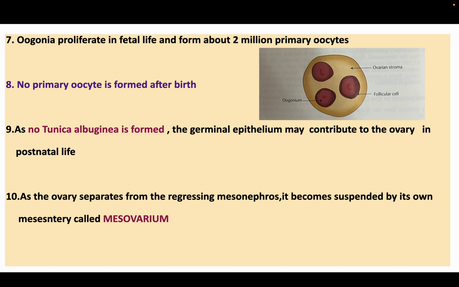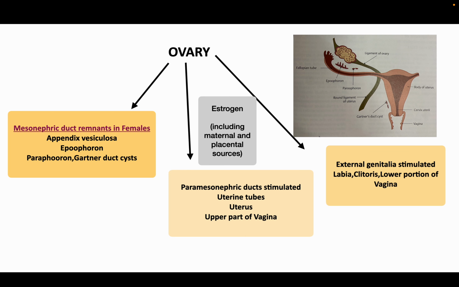As the ovary separates from the regressing mesonephros, it becomes suspended by its own mesentery called the mesovarium. Now here you can see the ovary. The mesonephric duct remnants in females are appendix vesiculosa, epoophoron, paroophoron, Gartner's duct, you can see in the diagram.